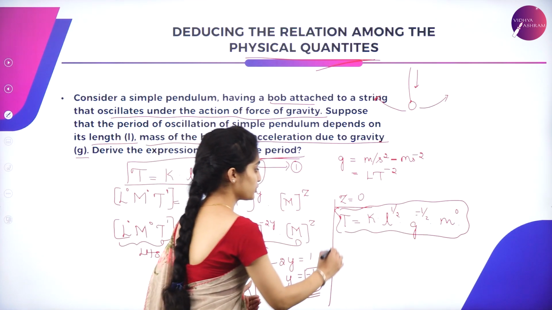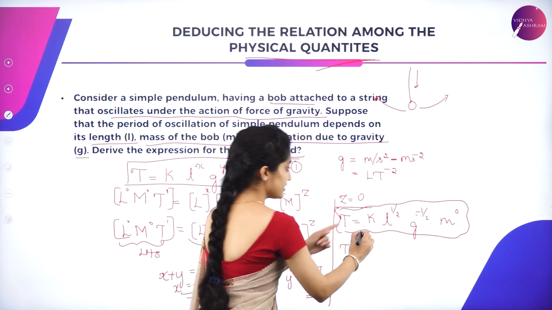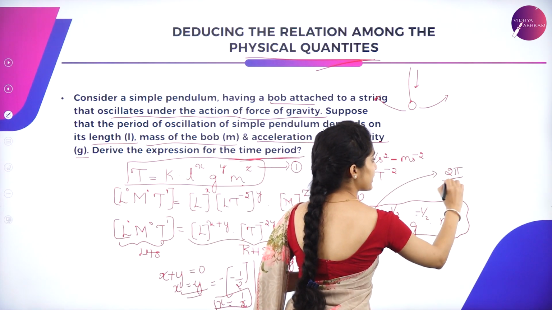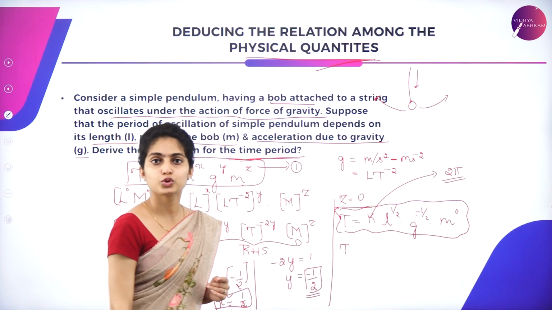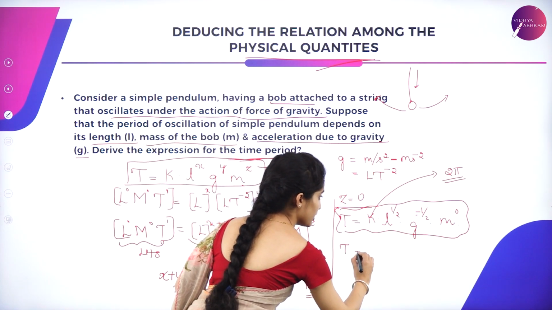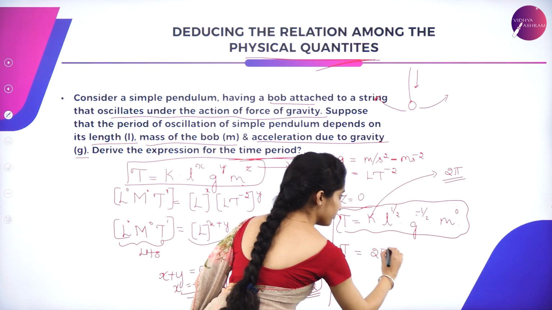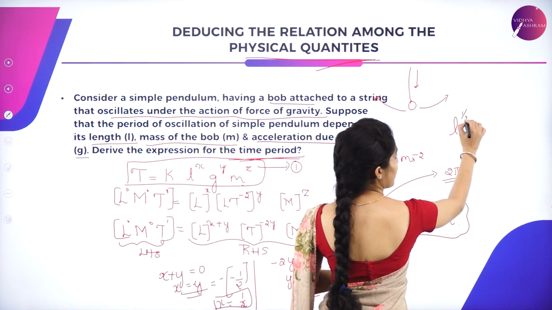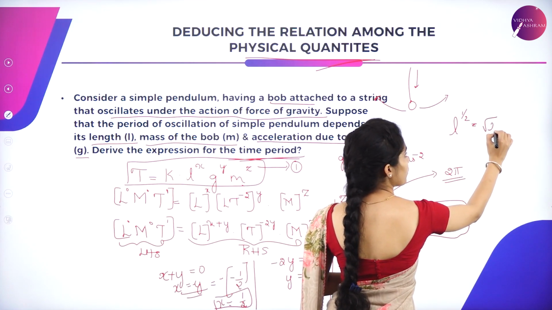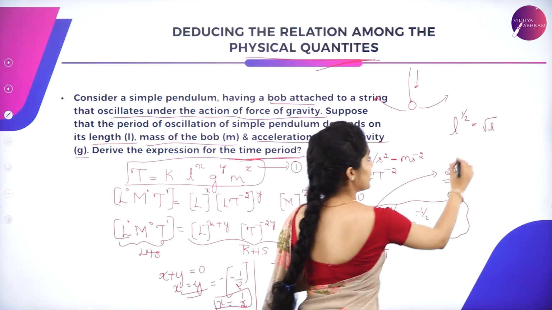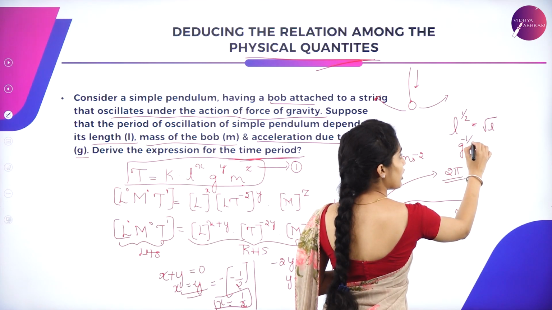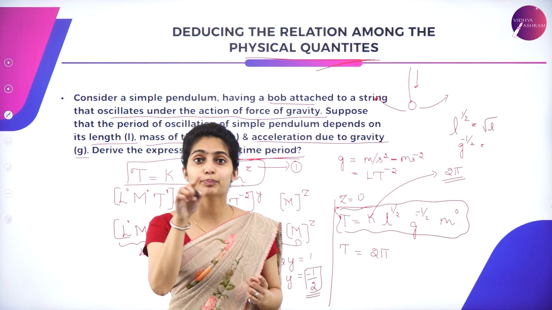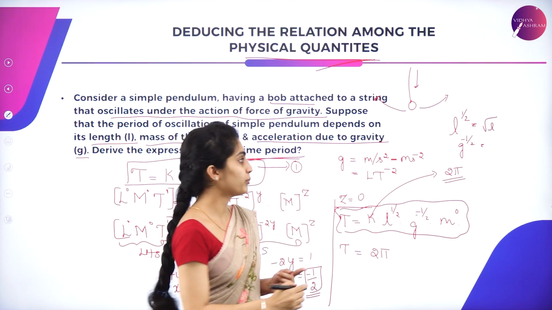So now we are supposed to take it out, that is, since k is a constant, I can give it as 2 pi. It's a constant term, 2 pi. So time period is equal to 2 pi and L half represents root of L, and g minus half represents root of g itself, but it is minus, so it comes to the denominator.